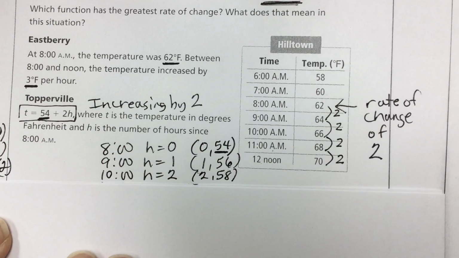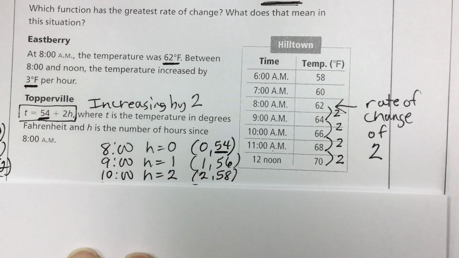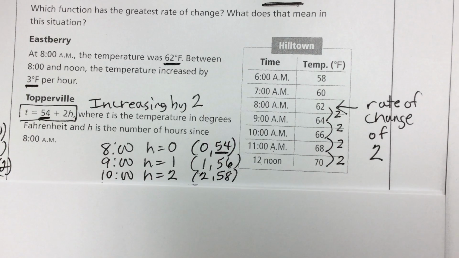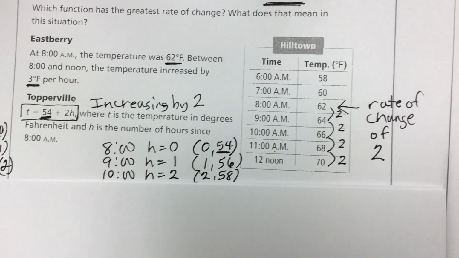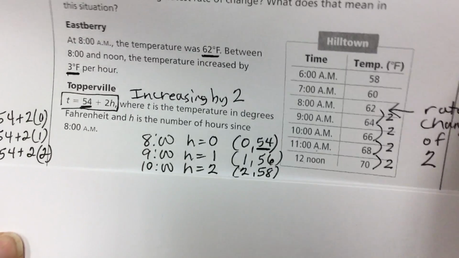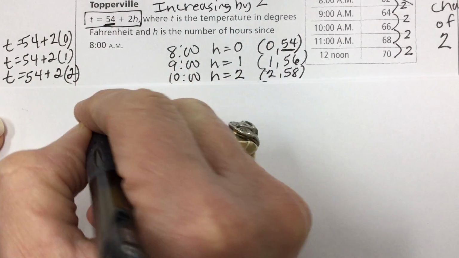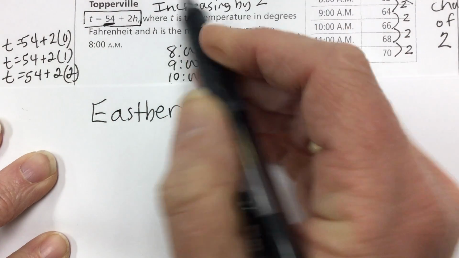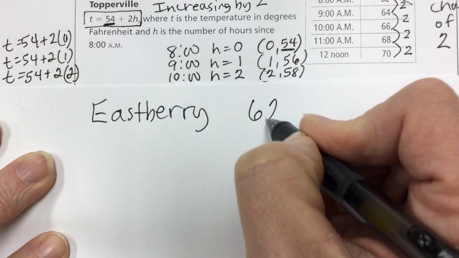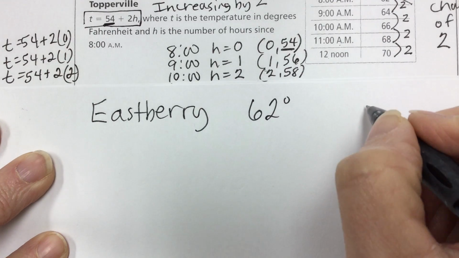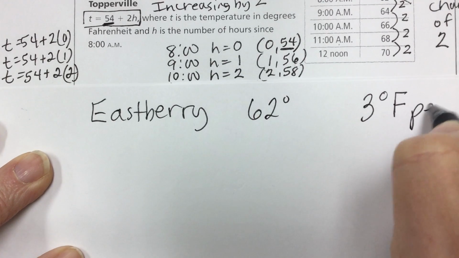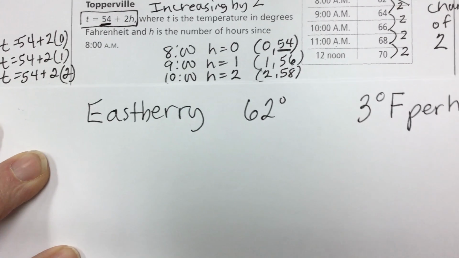All right. So looking at this problem, let me just kind of summarize it for you. Eastbury started at 62 degrees and increased 3 degrees Fahrenheit every hour. This is per hour.